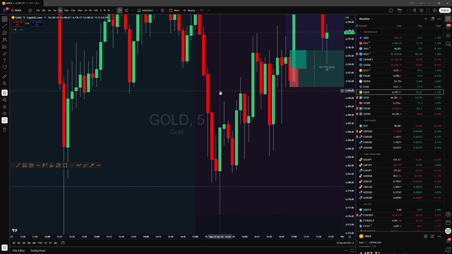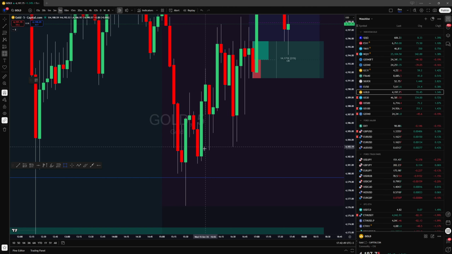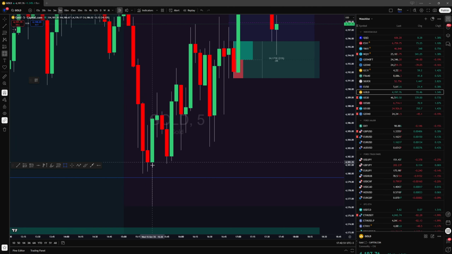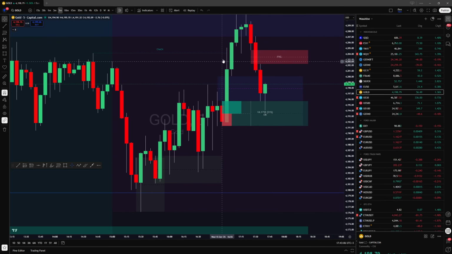So 5 minutes. You see, we went down, tested it, and then fully absorbed this candle, this one. By doing this, we form an order block. Another one, another order block. This huge area just holds this move.